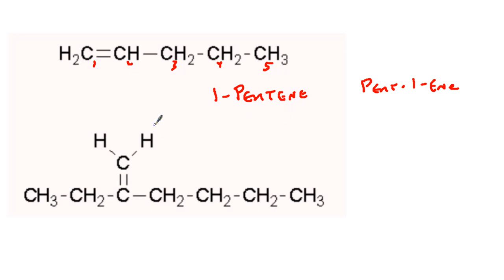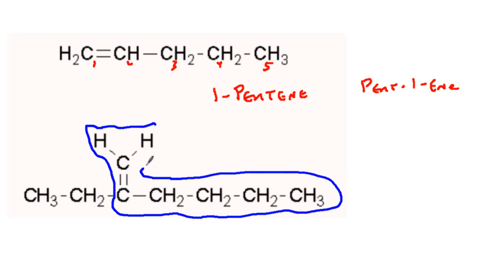But in reality, our parent chain is the one I'm going to circle here. Why is the parent chain less than the longest chain? It's the double bond that trumps other things. That trumps everything else.